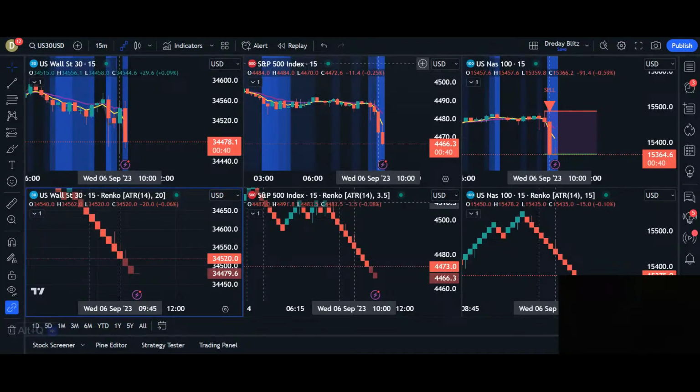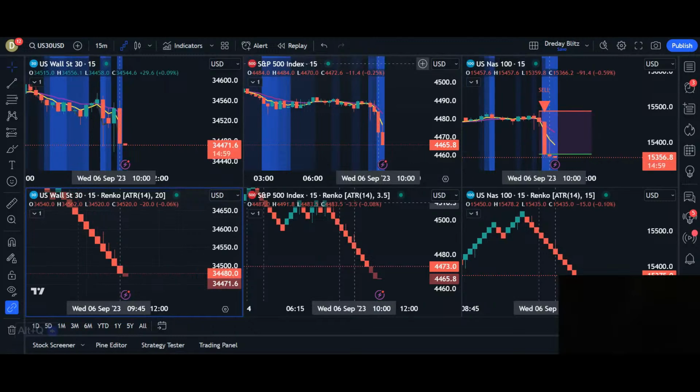So next candle will open in about less than 1 minute. Perfect.